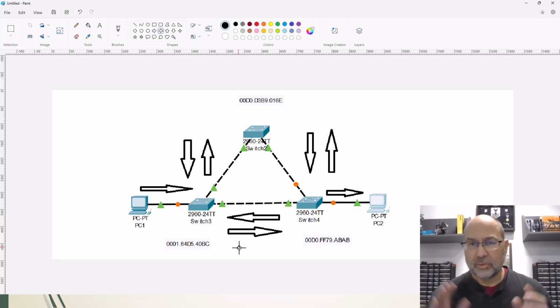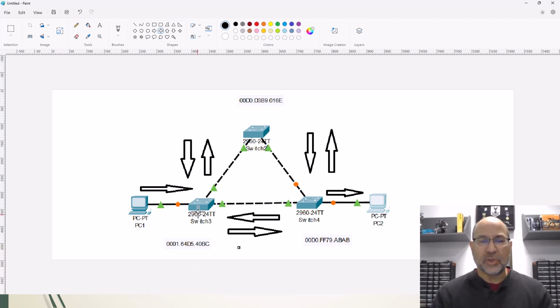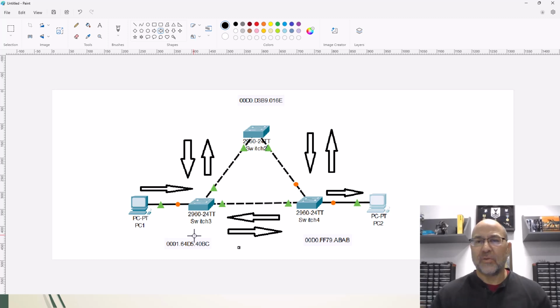So what happened? PC1 sent out one ARP request, broadcast frame, and switch 3 sent it to switch 2 and switch 4. Both of these copies went around the loop, and then switch 3 ends up receiving a copy of its own transmitted broadcast frame.